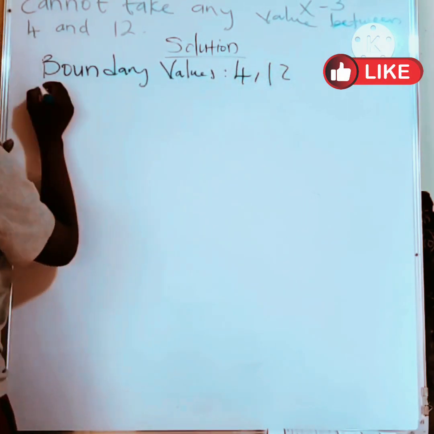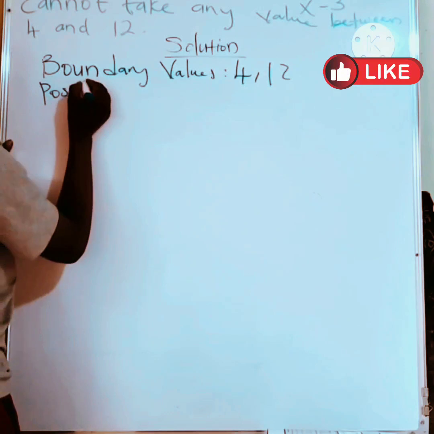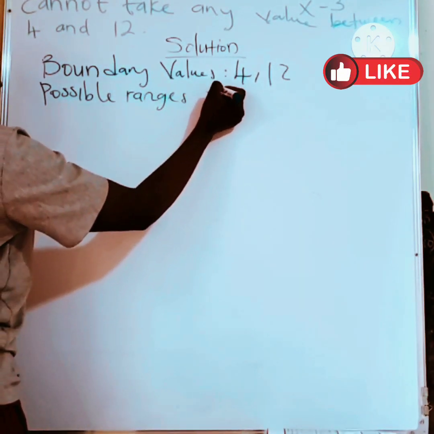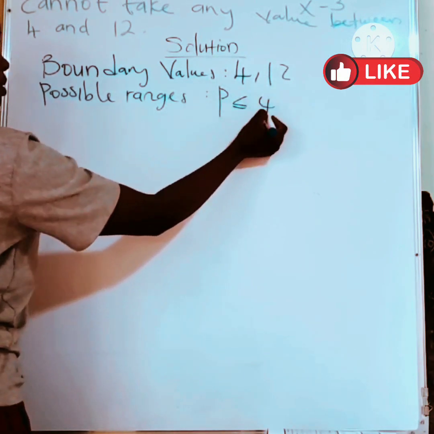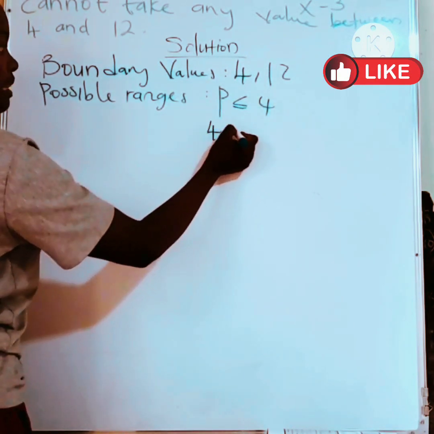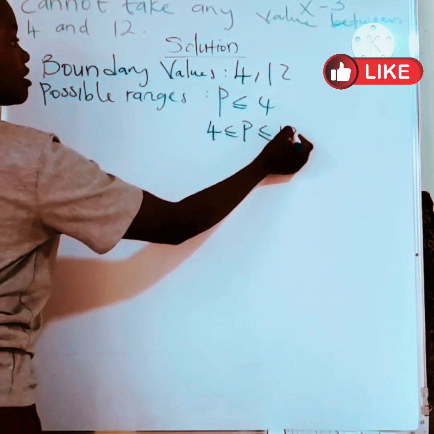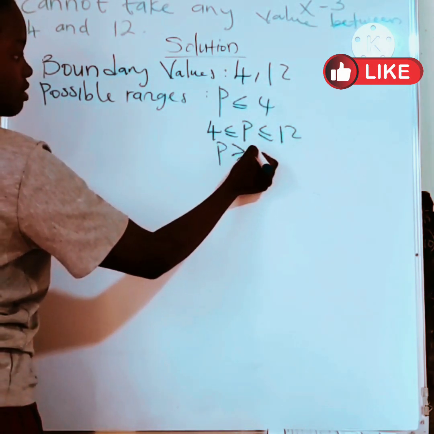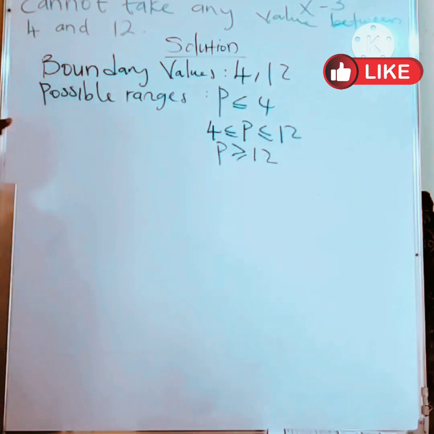Our possible ranges are p less than or equal to 4, p between 4 and 12, and p greater than or equal to 12. Those are the possible ranges that we can have with those two boundary values.